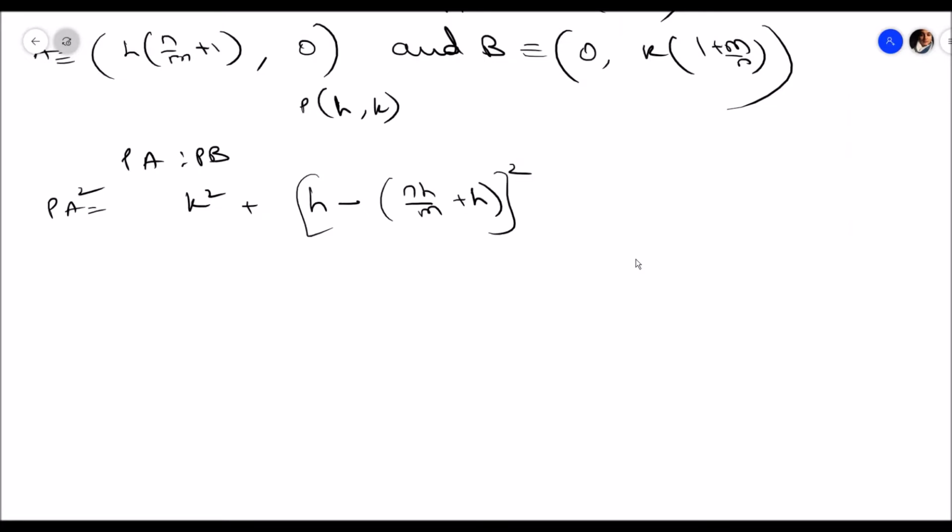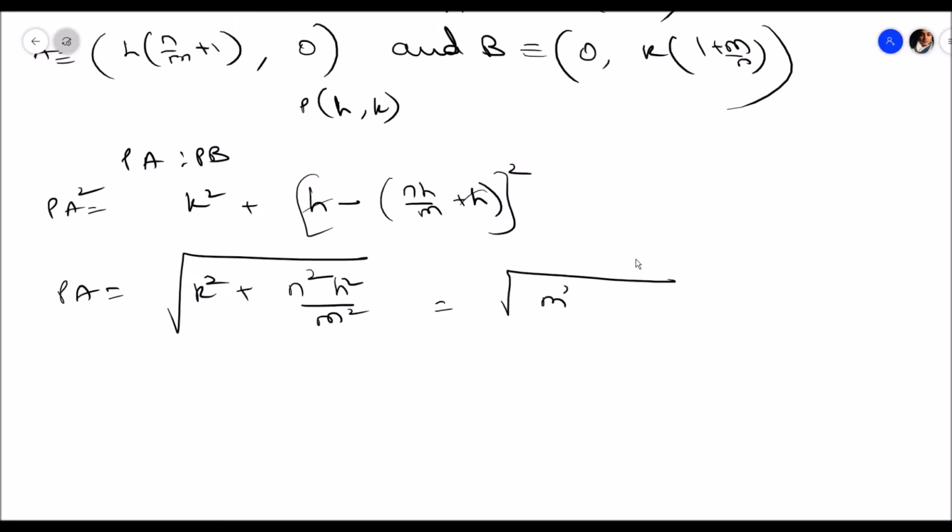The h gets cancelled, giving k square plus n square h square by m square, under root, that will be PA. I can write it as root over m square k square plus n square h square, divided by m, is the value of PA. Clear?